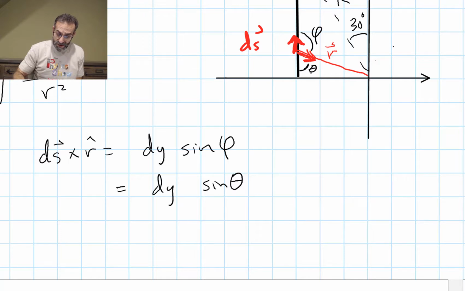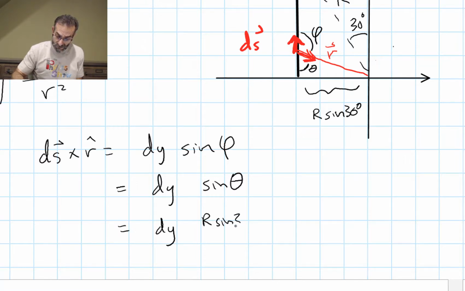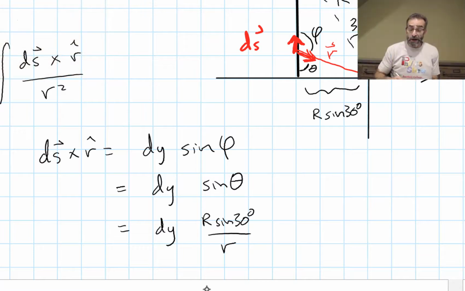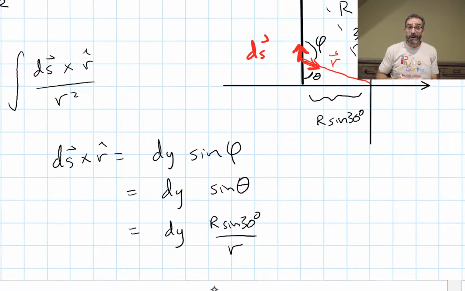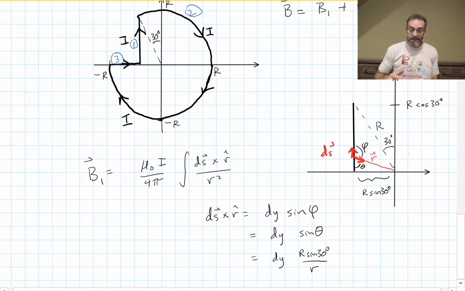And the sine of that angle is this distance, R sine 30 degrees, divided by the hypotenuse, which is r. Little r, our variable r. Capital R is a constant.